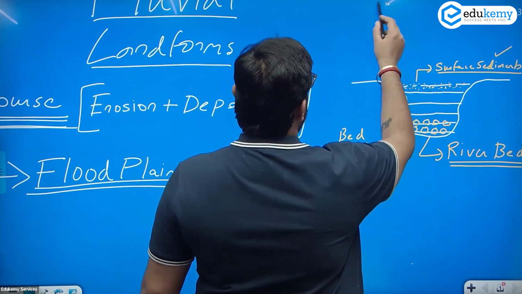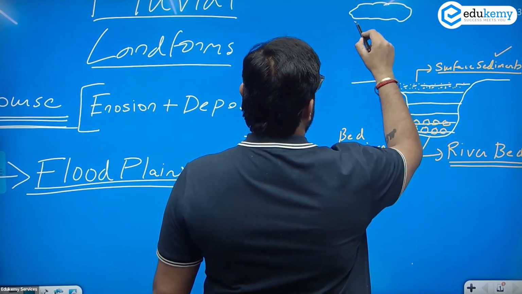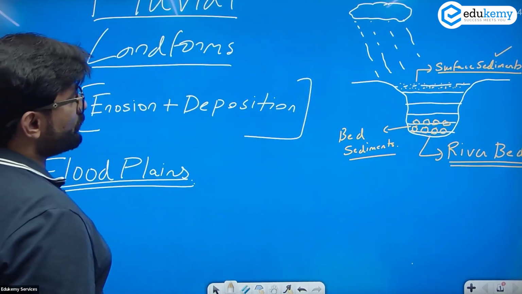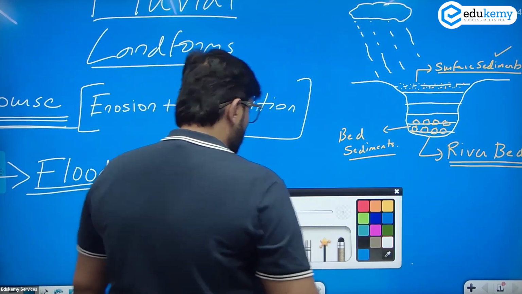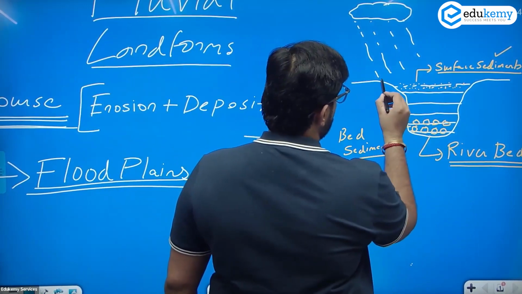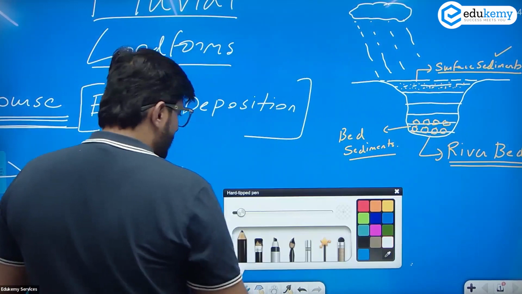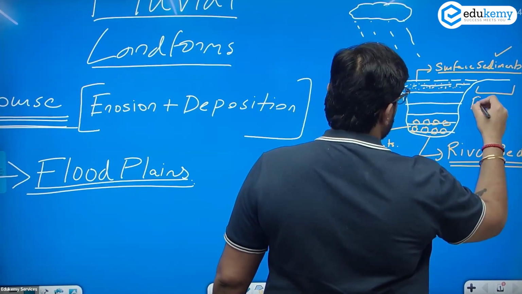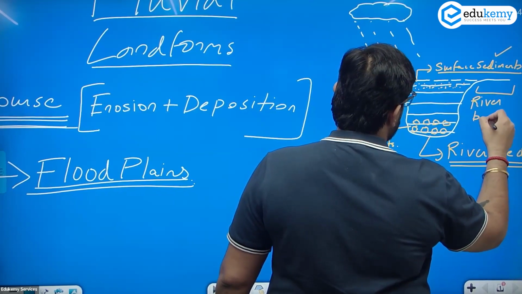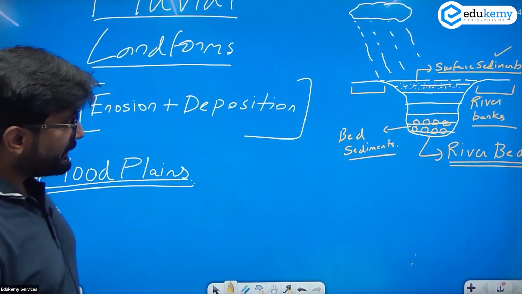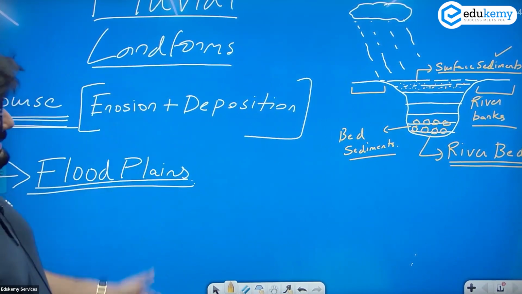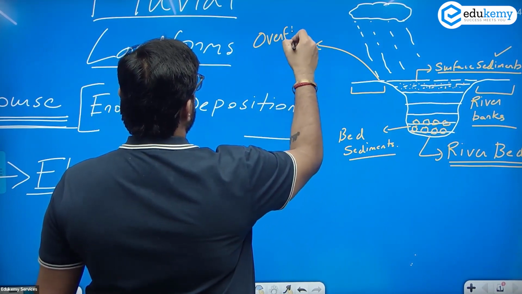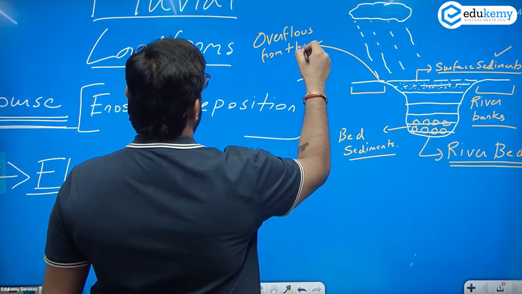Now guys, if say in this region heavy precipitation takes place, then due to the precipitation, the water level of the river increases. Now guys, these regions which are present adjacent to the river are known as river banks. Now when the water level increases, there might be a scenario where the river overflows from the river valley.